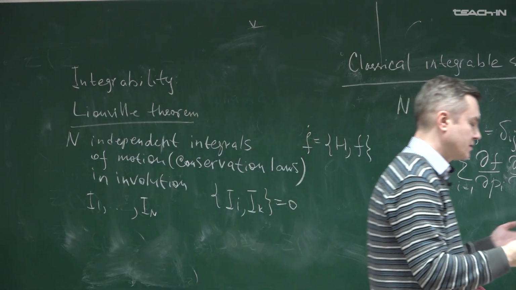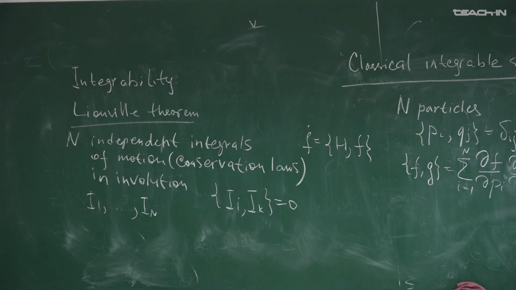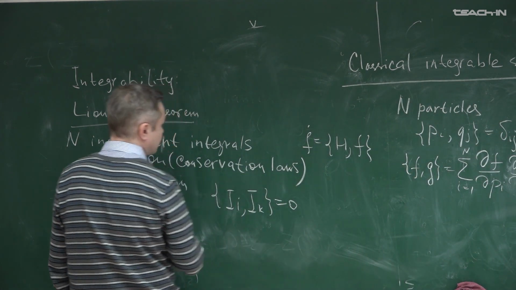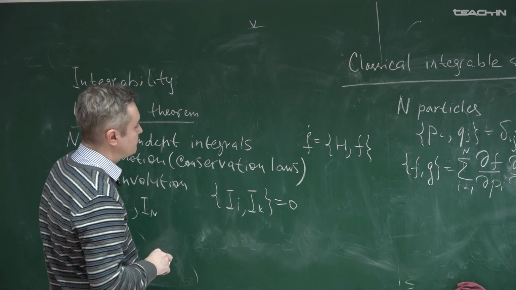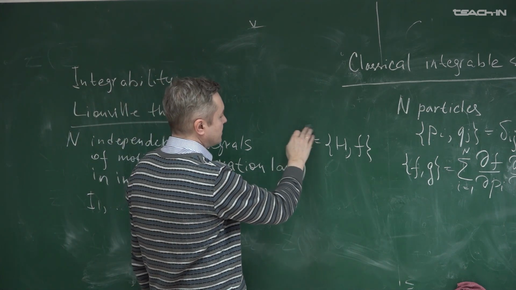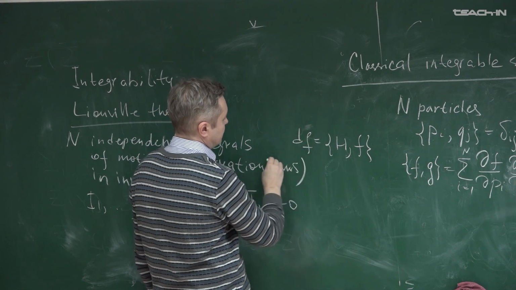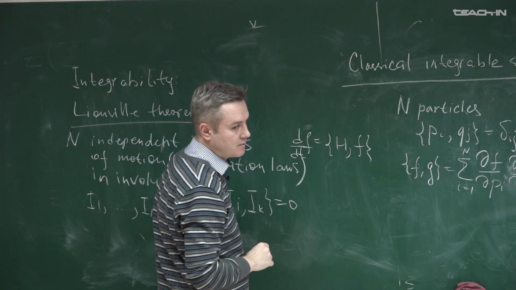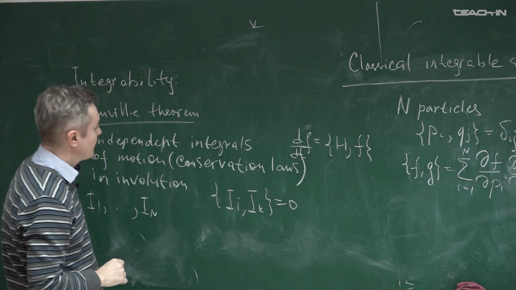Then it means that the corresponding Hamiltonian flows, generated by these functions which are conservation laws, commute with each other. When we write here a dot, we assume a derivative with respect to some time variable.